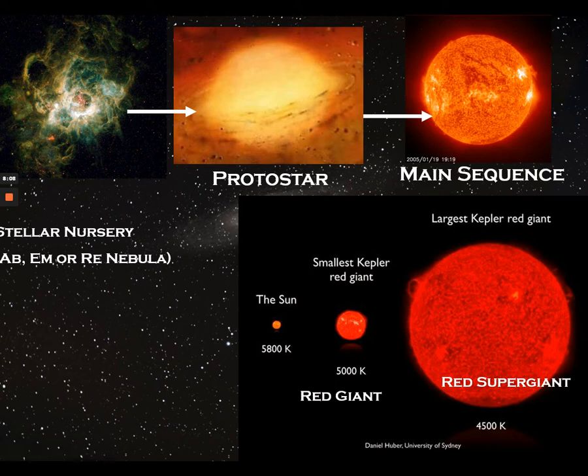Now, after the main sequence, you'll get an expansion. I know that with the red giant, you've got the red supergiant on the right and the red giant on the left. It's not to scale. You can see the Sun there, to the left of the red giant. So it swells up. Now, it seems strange.